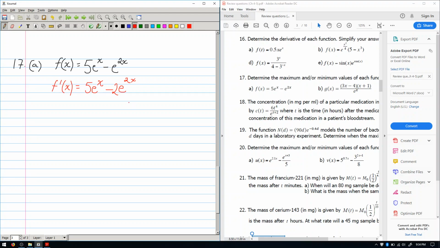Now, how do I solve for the maximum and minimum values? Well, I'm finding the CPs. Okay, the CPs mean I make the derivative equal to 0. And I try to solve this equation, which means I got to do some algebra. Okay, now I move one term to the other side.